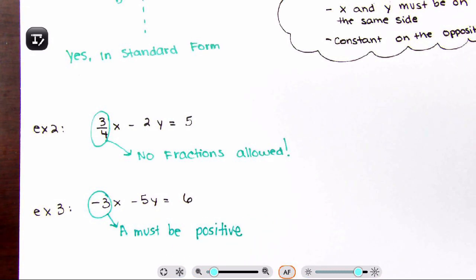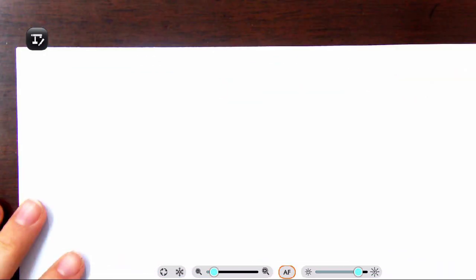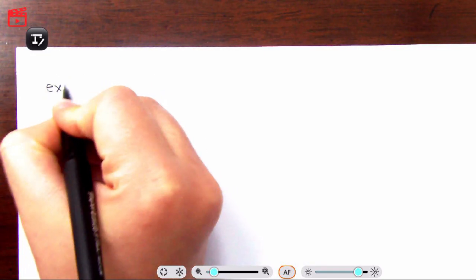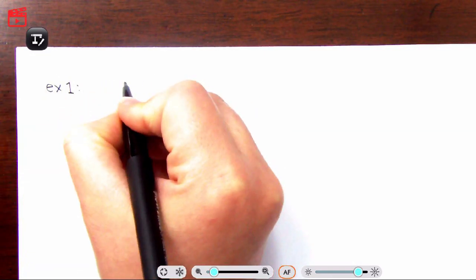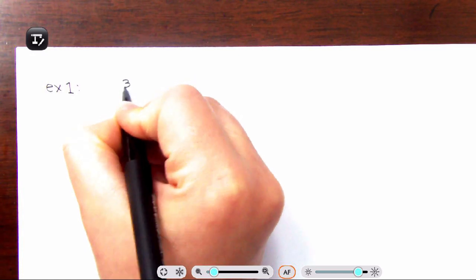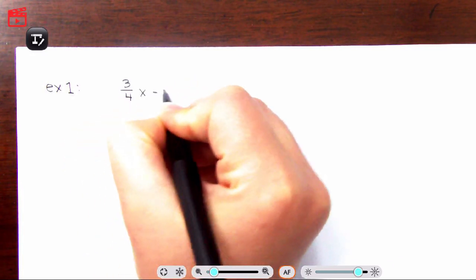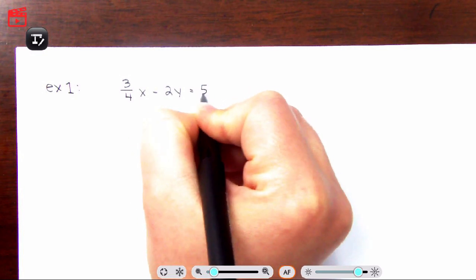So let's do an example of something that's not in standard form, but we make it in standard form. So example number 1, let's say we have that original question, 3/4 x minus 2y is equal to 5.